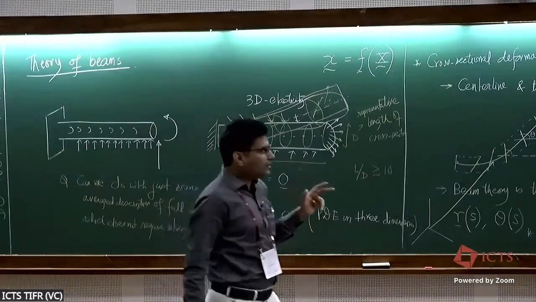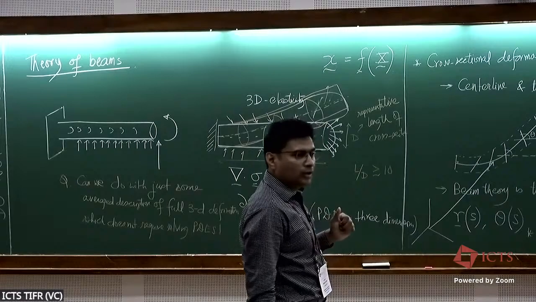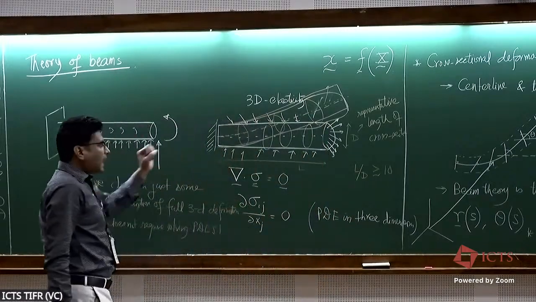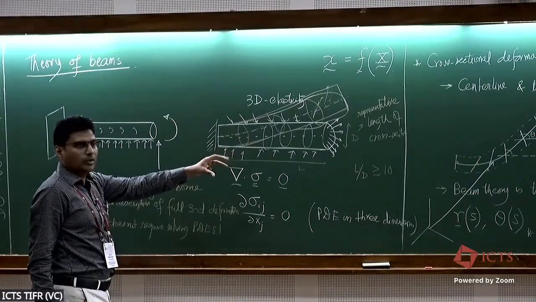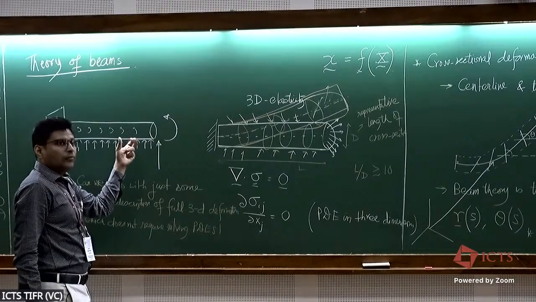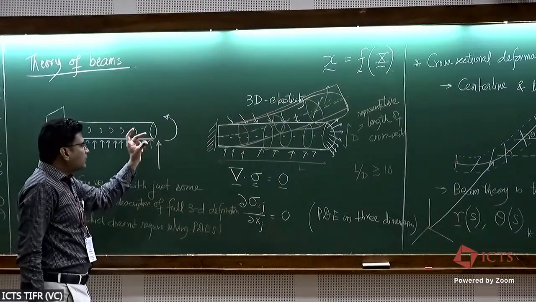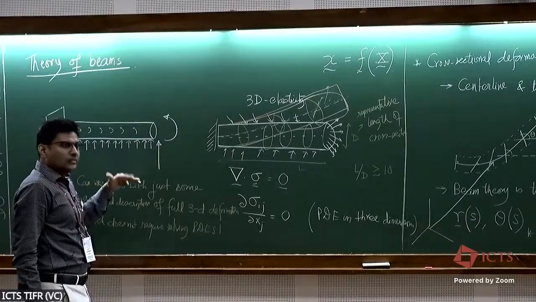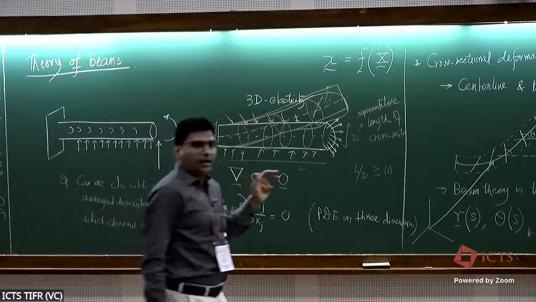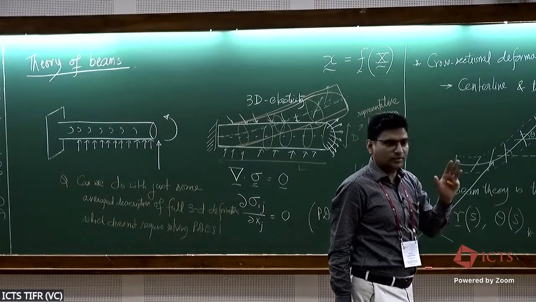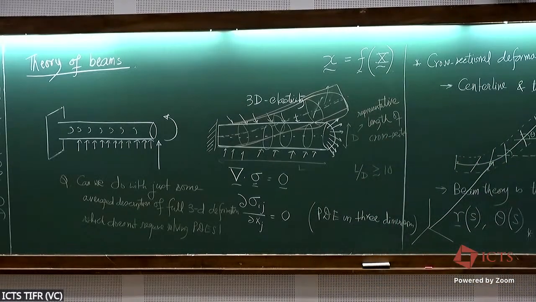So that's really a relieving thing for us that, okay, then we really don't have to worry about what actual 3D problem we were solving because all of them will become the same as you go away from the boundary. Of course, near the boundary, it will show some error, but away from the boundary, they will look the same. And it turns out even near the boundary, the error is not so much. Okay, that's why beam theories are so successful.